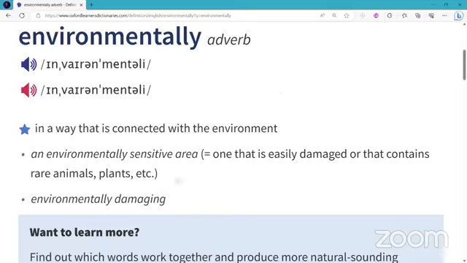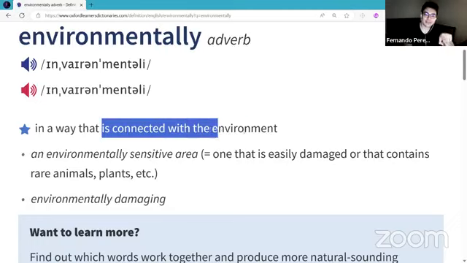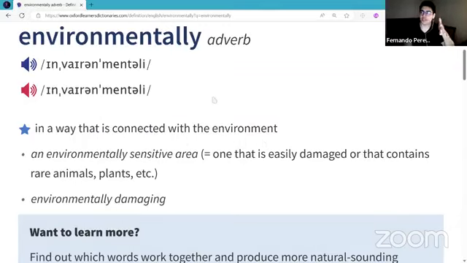Because environmentally is an adverb, it's something that is connected with the environment. Usually we use this word in topics like contamination, pollution, when we talk about global warming.